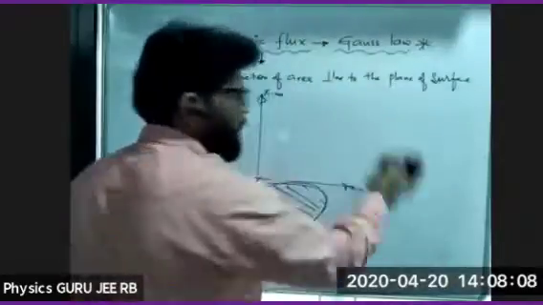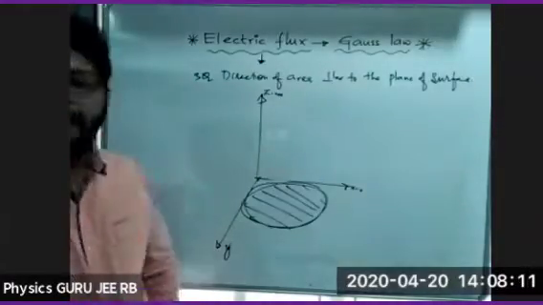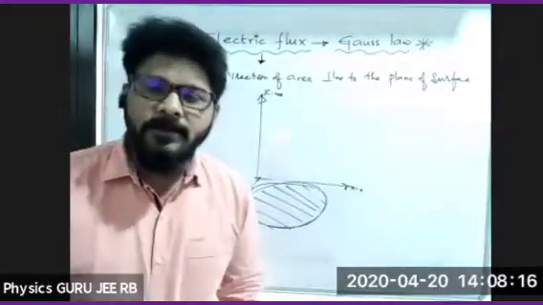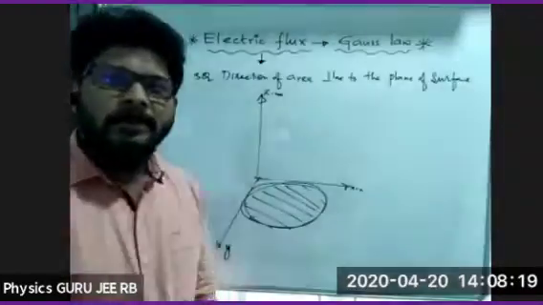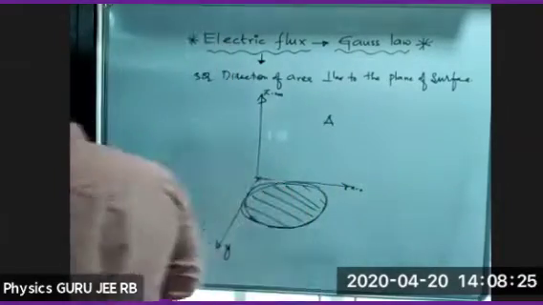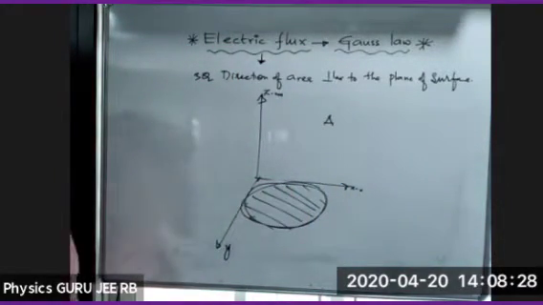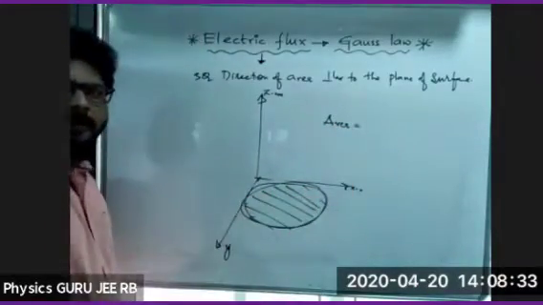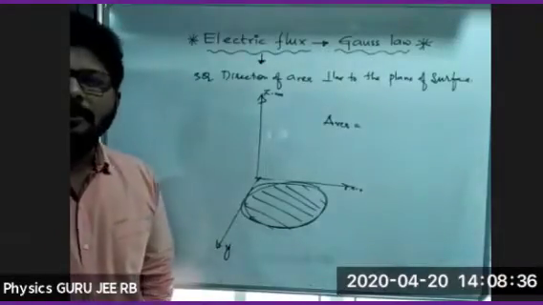How to represent the area? The direction of area is perpendicular to the surface. Yes, Z cap, but what is the area? Magnitude and direction. What is the area of a circle?